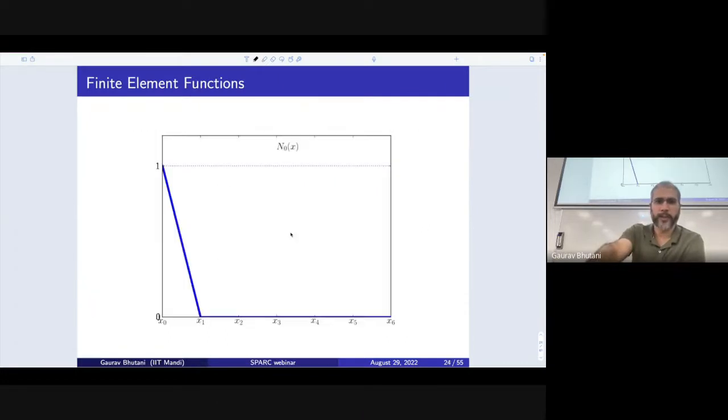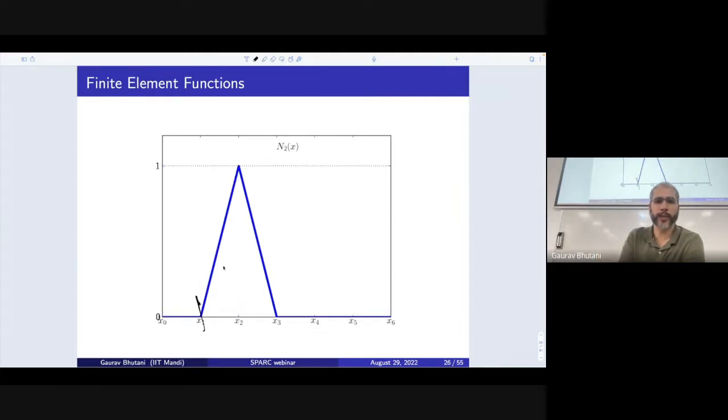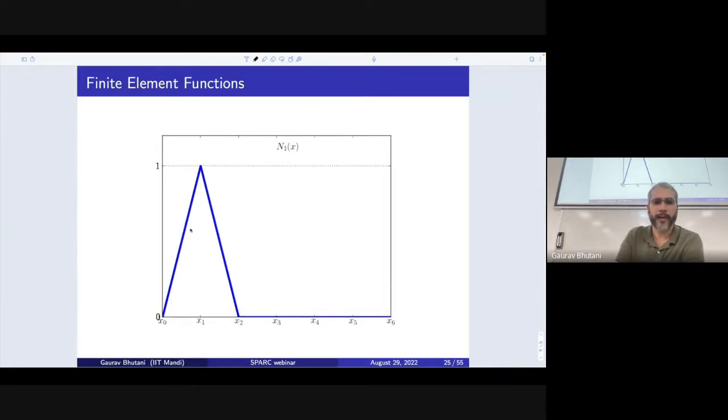So this is a representation of these functions that I already showed you. These are called hat functions. Here I am showing you these functions for two different elements. In a given element here, your function looks like this. But for the previous case, it had a contribution from a function going down as well.